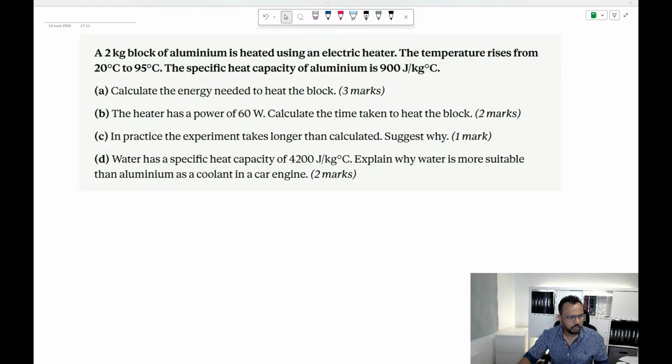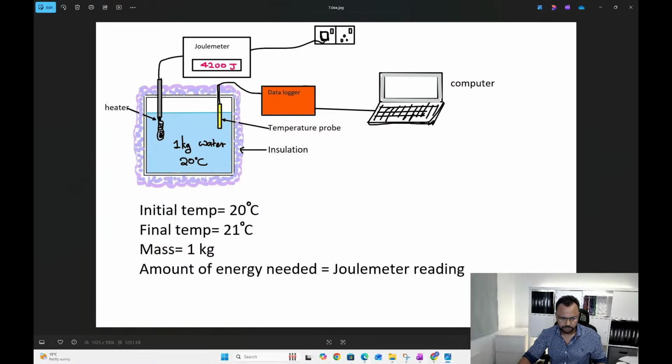Right, guys. Now, here's the idea behind specific heat capacity. Say, this is not the exact practical, by the way. This is a different one. So you have a container, and inside this you have 1 kilogram of water at 20 degrees Celsius.